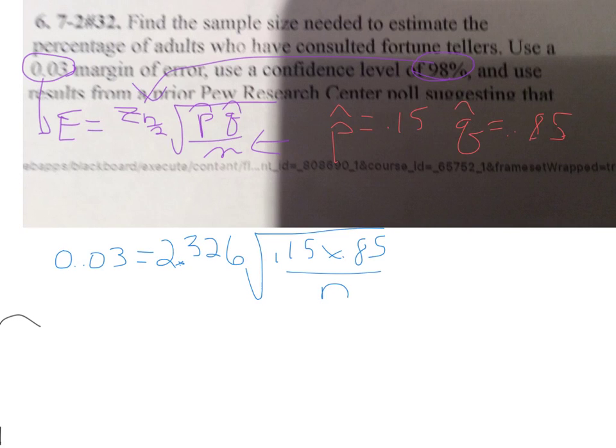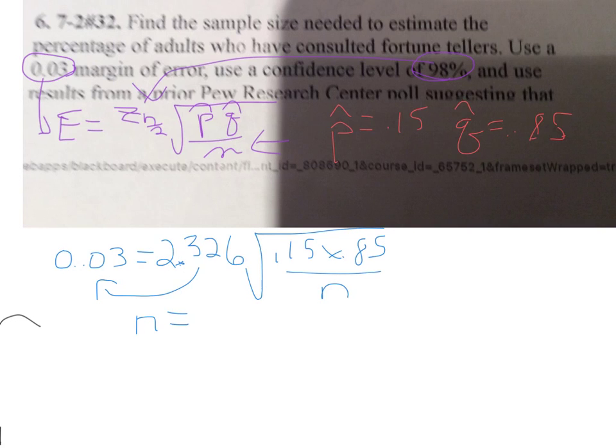So if you take this over here and divide it into the 0.03, then you can square both sides of the equation and solve for n, and n is the sample size that you're looking for.